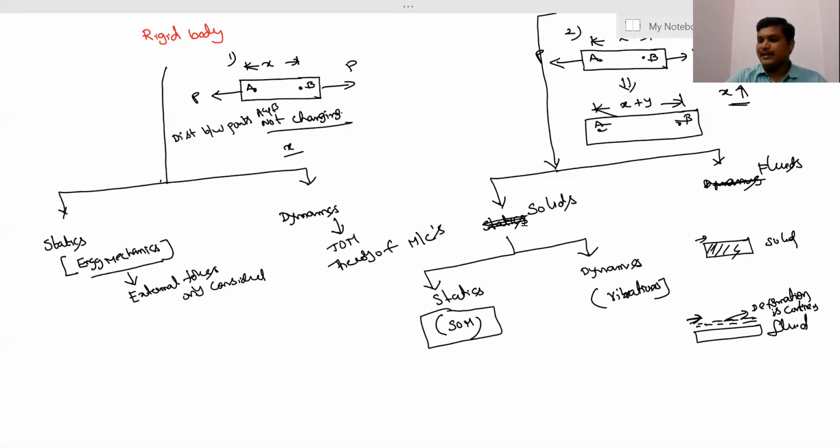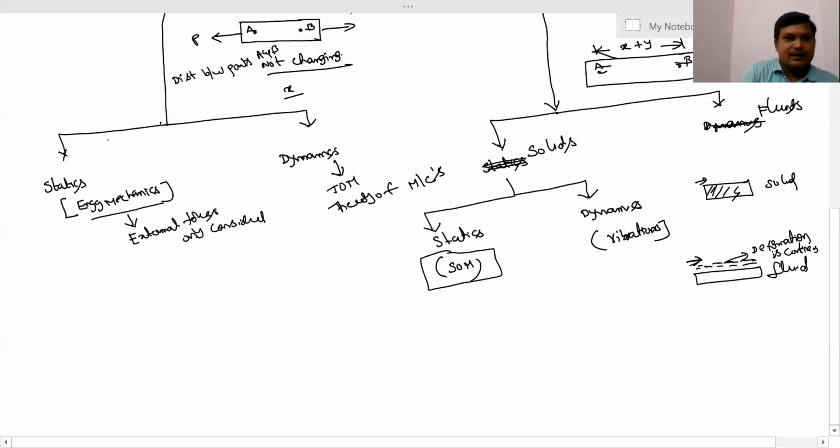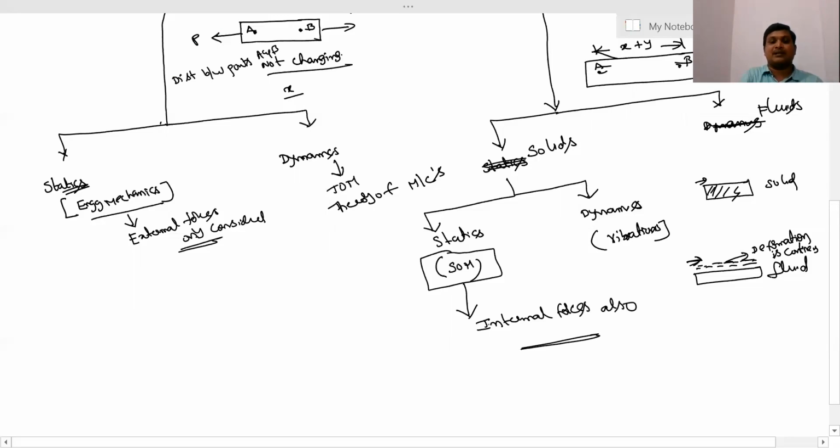So in strength of materials, the mechanics of rigid bodies under statics is called engineering mechanics. In engineering mechanics, only external forces are considered. But in strength of materials, we consider internal forces also. This is very, very important in strength of materials.